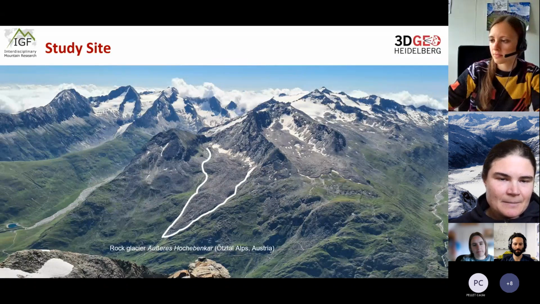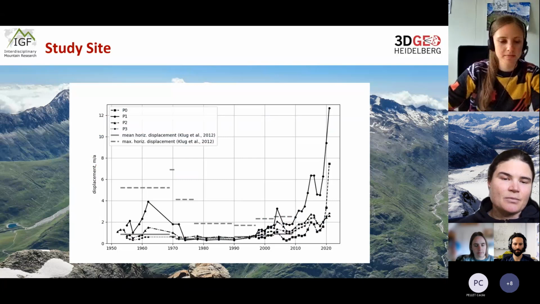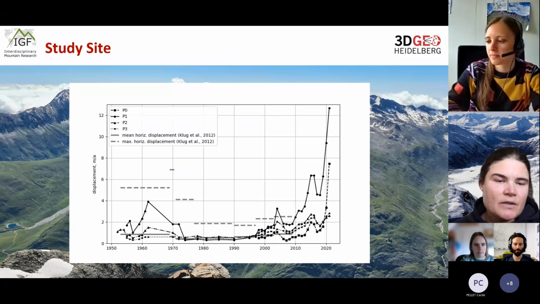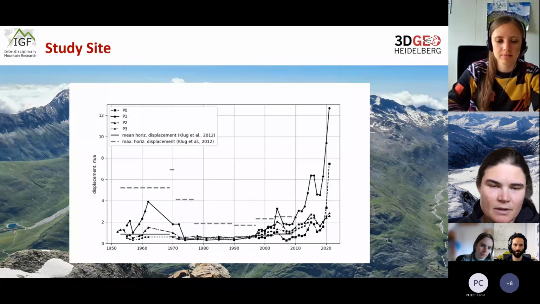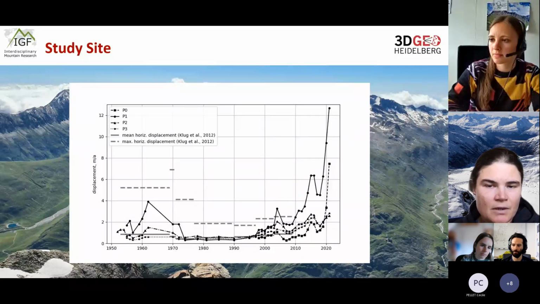If we can get the next slide. Yeah, that's what this time series looks like. These are mean profile velocities for four cross profiles on the rock glacier. It starts in the 1950s. There was a period of higher velocities, then it slows down.